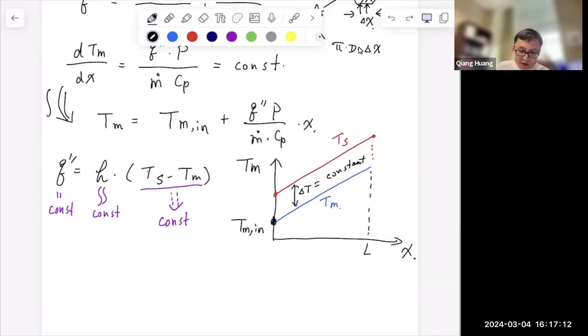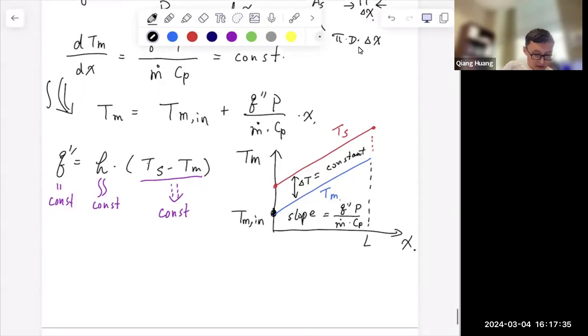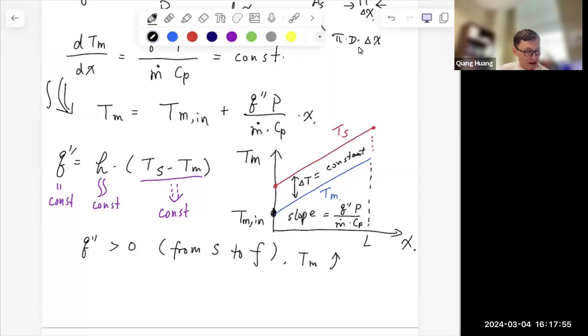The slope of this linear relation, you can see from this equation, is the Q flux times the perimeter over the mass flow rate and the specific heat. One more thing: if Q is transferred from the surface to the fluid, so if this is greater than 0 from surface to fluid, then Tm increases, so the slope is greater than 0.